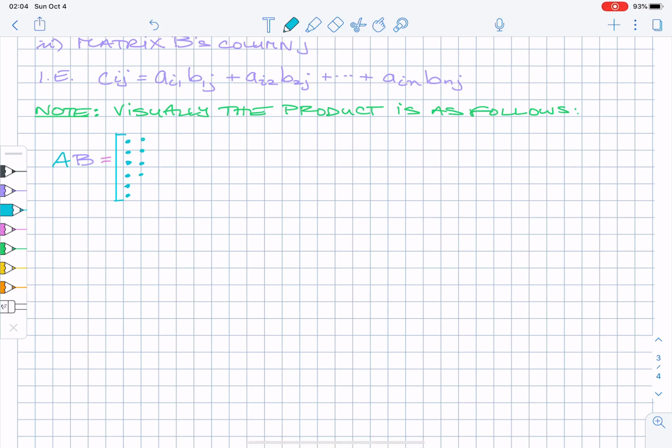A has entries A sub i1, A row i column 2, row i column n, and all the rest will just be dots, placeholders.